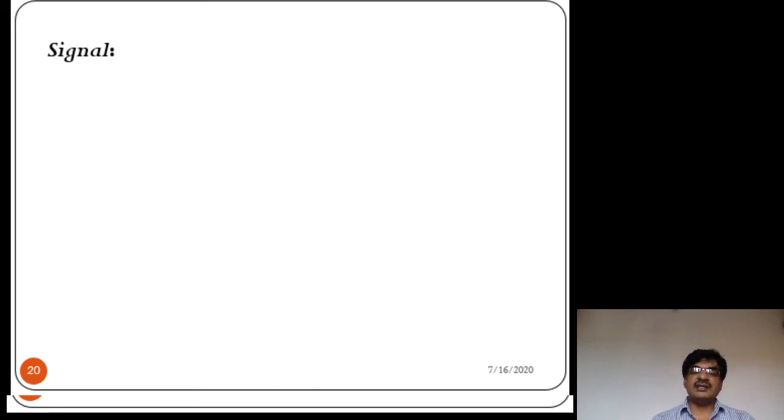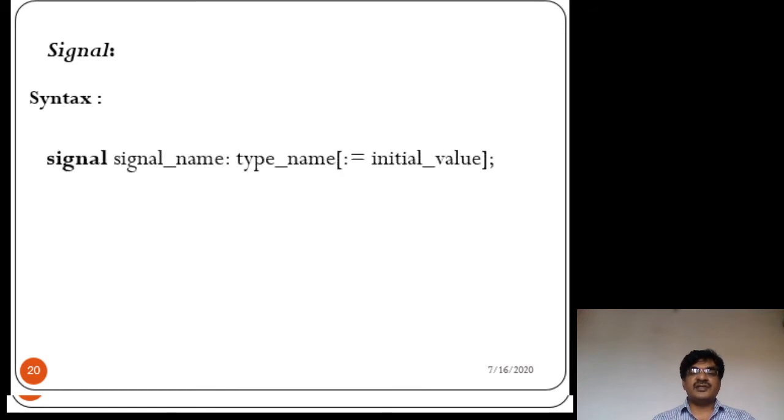Then coming to syntax, similar to previous ones, it starts with the word signal followed by signal name, colon, type name, and optional one is assigning initial value. Whichever is placed in square brackets usually represents the optional. Here also signal name is an identifier or user defined name. Type represents what type of data.